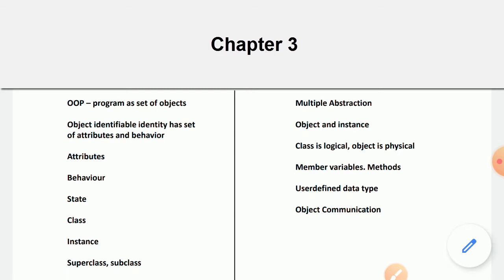Although they may have the same attributes, and of course the same behavior, they will be distinguished with the help of their identity. For example, one dog is dog 1 and the second dog's name is dog 2. So that is the identity of the dog object. Dog 1 is your dog 1 object and dog 2 is your dog 2 object. So this is what is meant by identity.